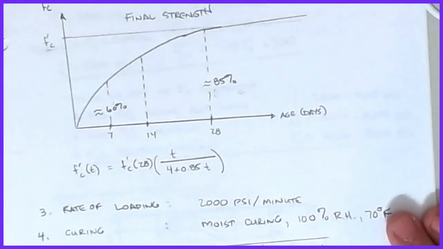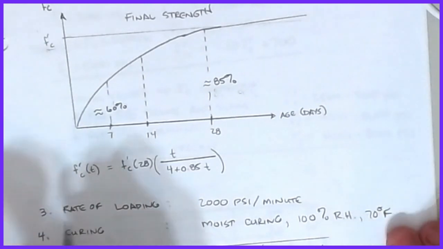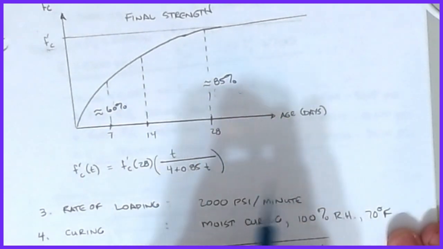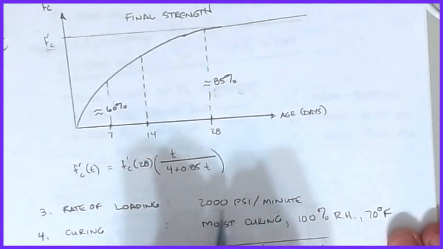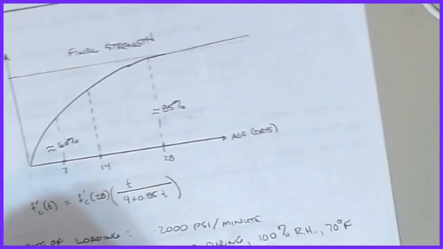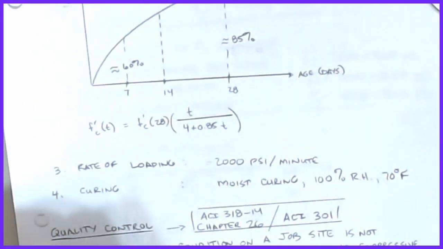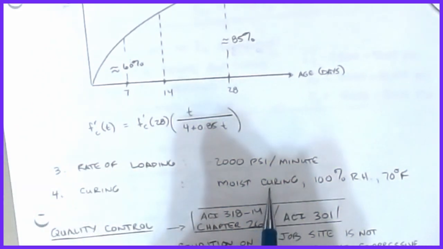Now the ASTM spec that's used says that the rate of loading should be approximately 2,000 psi per minute for the test, because concrete behaves differently under fast loads than it does under very slow loads. So this is the standard that puts us all on the same page when we start reporting those values. And then the standard for curing is typically moist curing, meaning high humidity.